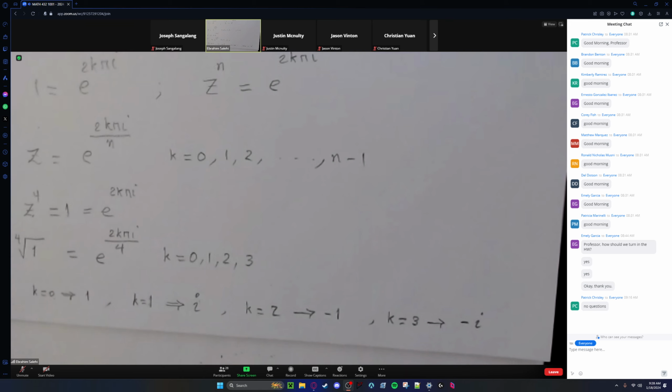But in complex analysis, if you have a polynomial of degree n, then you are sure that you are going to have n different solutions, all right? Any comment, any question?